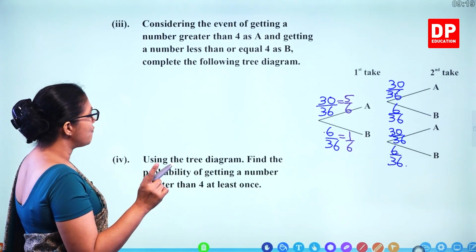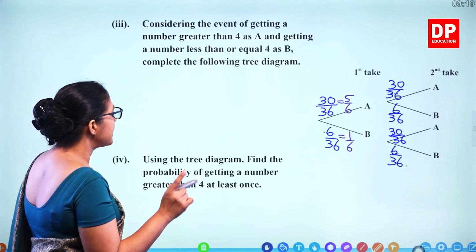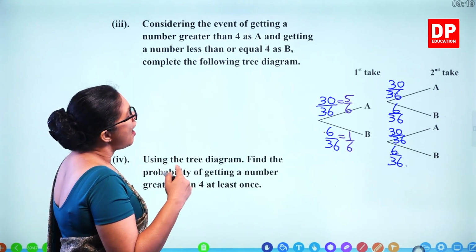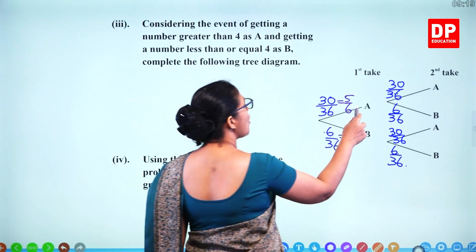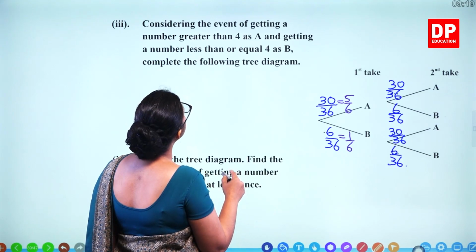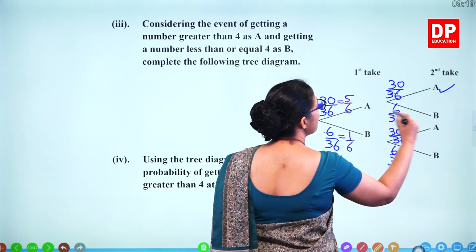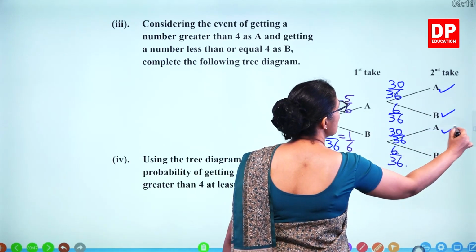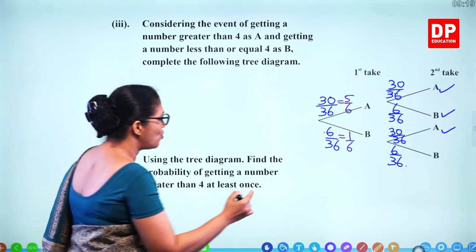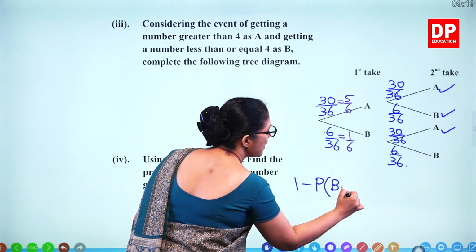Using the tree diagram, find the probability of getting a number greater than 4 at least once. So, at least one means either once or more. So, greater than 4 means ace. So, you can take this path, this one, but not the last one. So, easily you can do 1 minus probability of getting both B's.